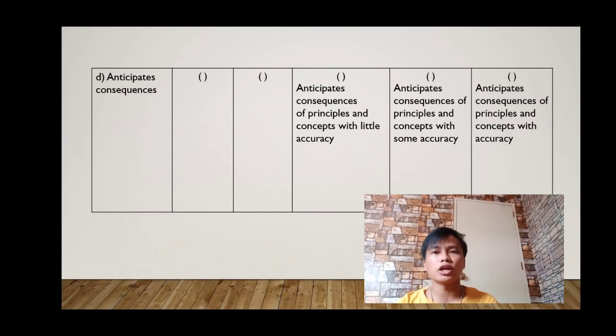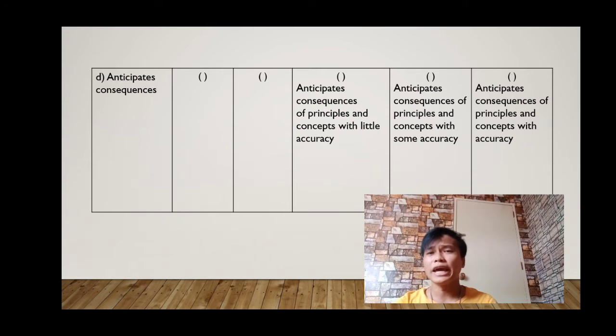So an example of this: the students can predict the consequences of the principles or the concepts they read or understand with little accuracy. So they can't be sure of this or that, of what consequences may come.